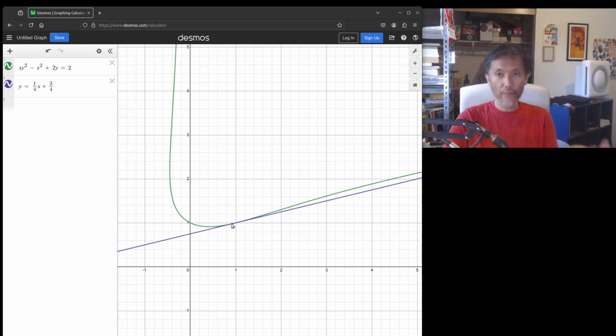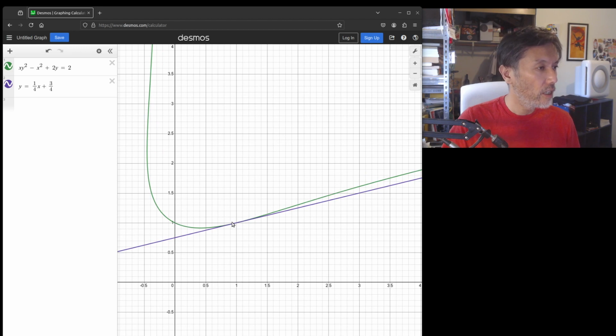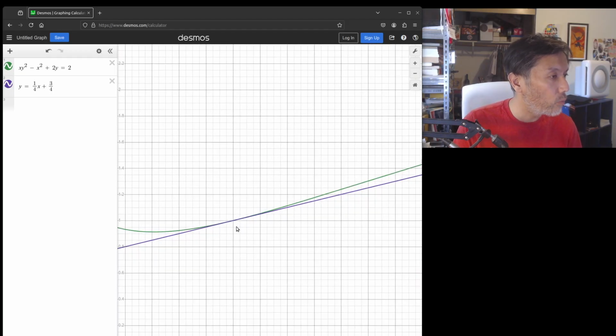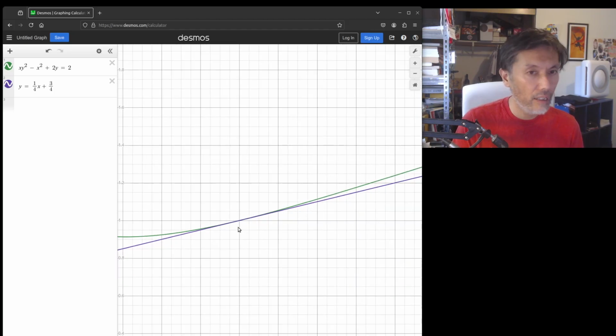Now, what is the value of knowing this? Okay, great question. Let's zoom in on (1, 1). You can see right now the green curve and the purple line are different, right? But as we zoom in closer and closer on (1, 1), you can see that the green thing is getting closer in some sense to the purple thing.